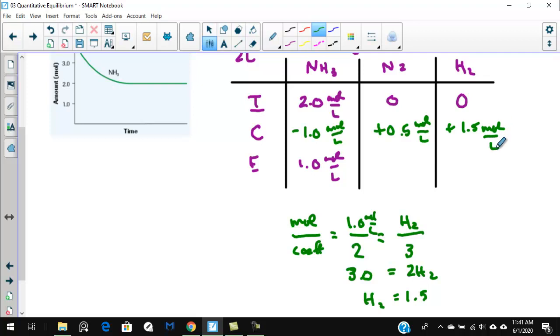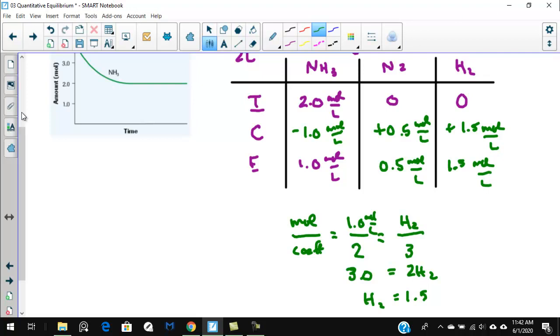Okay, and then to get the remaining values, we just add down. So 0 plus 0.5 means that the concentration here is going to be 0.5 moles per liter. And the final concentration of H2 is going to be 1.5 moles per liter.